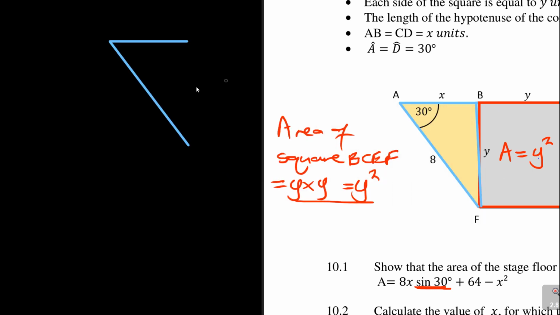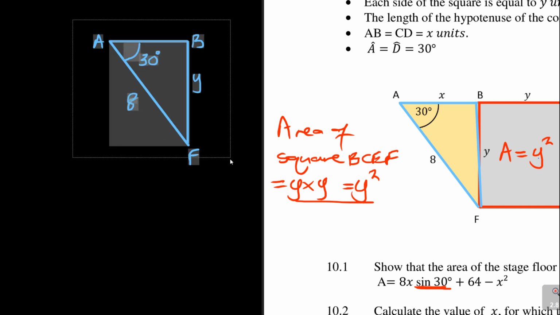Okay, it was possible but not fully possible. Now let me complete that. So let's say I had this. Remember, it was A and B and F. And then this angle here is 30. Are you with me? And then you've got your 8 here, and I've got my y here. So now if I have this one and kind of, let me do this again.